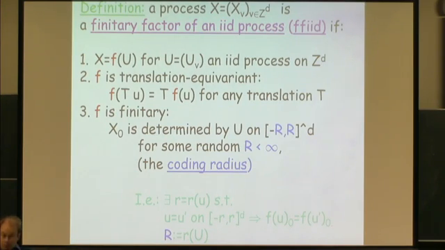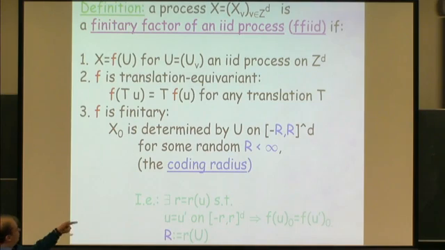But then at some point it knows and decides what value to put at the origin. So it has to look to some radius which may be random and depend on the IID labels that it sees, and maybe an unbounded random variable, but it's an almost surely finite random variable. Okay, so that's the definition.